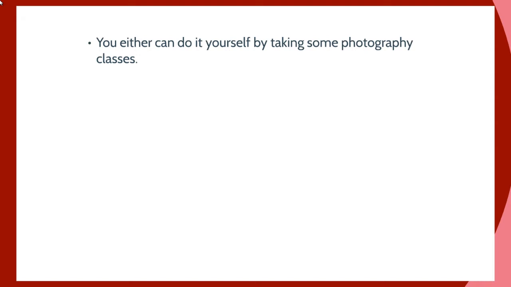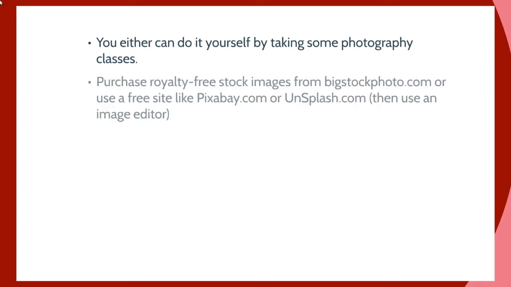Now, if that's not something that you really want to do, then of course you can purchase royalty-free stock images from bigstockphoto.com, which is essentially a humongous database of images where you can find images of any niche. So if you're looking for images for a baked potato or a chicken parmesan dish, you are more likely to be able to find that on these sites.